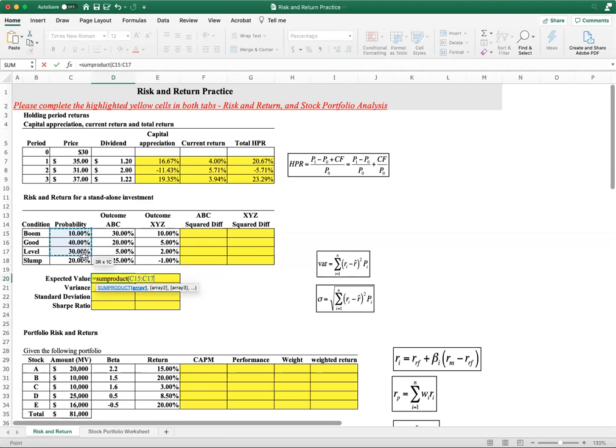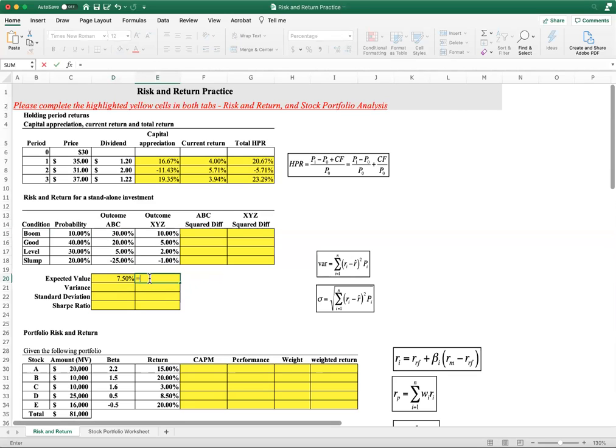The probability is the weight, because they add up to 100%, multiplied by the possible outcomes of ABC. So for ABC, you're expected to get about 7.5% return based on this, right? That's the weighted average of all the scenarios.